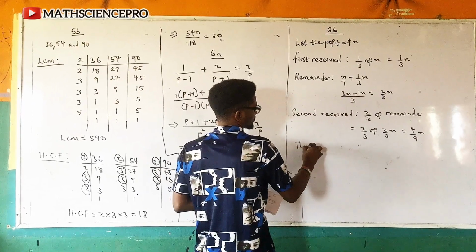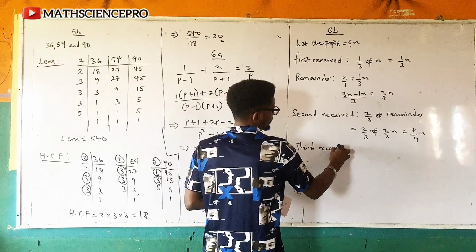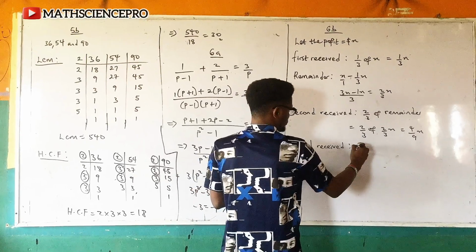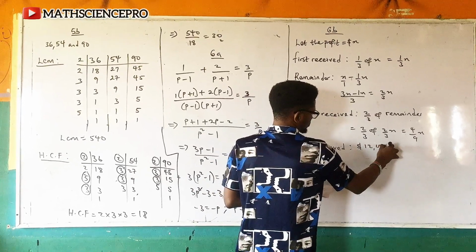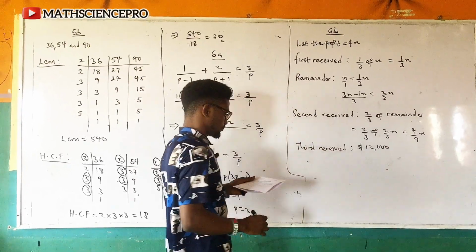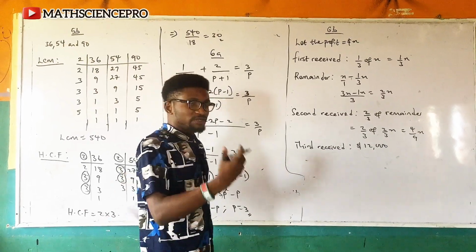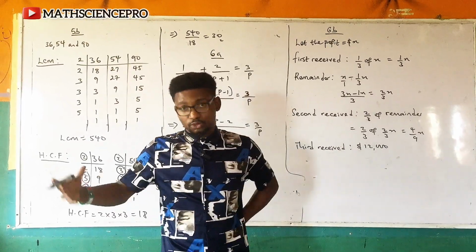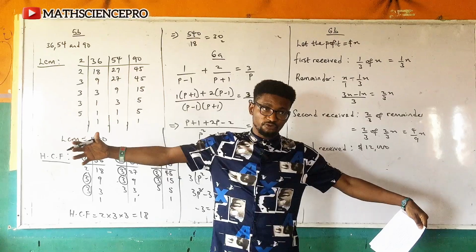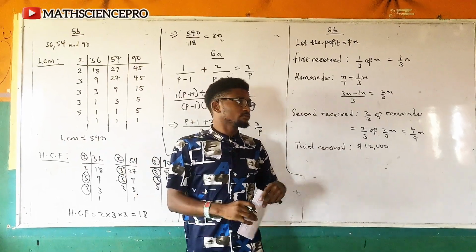Now the third received, according to the question, $12,000. So remember, whatever the first is receiving plus the second plus the third, we all equal the whole profit because they actually share this profit within themselves.